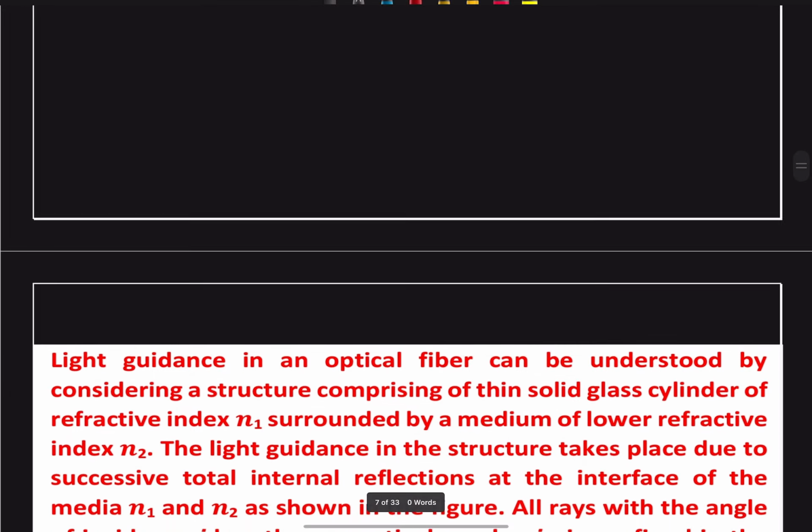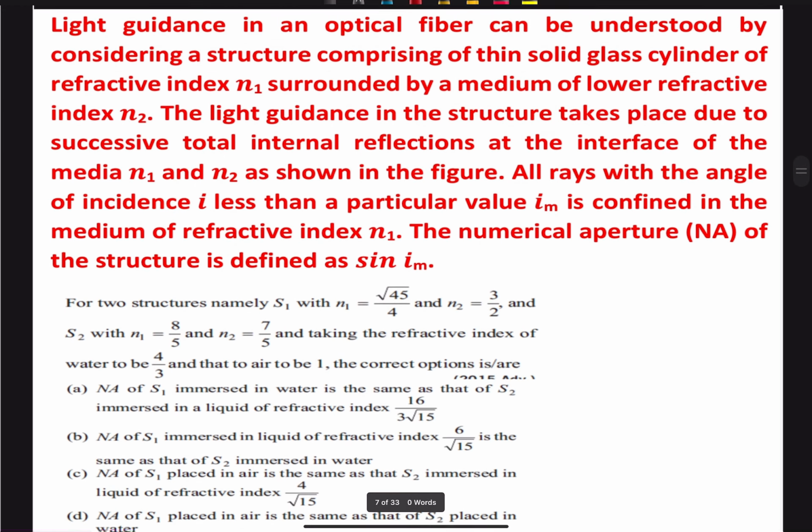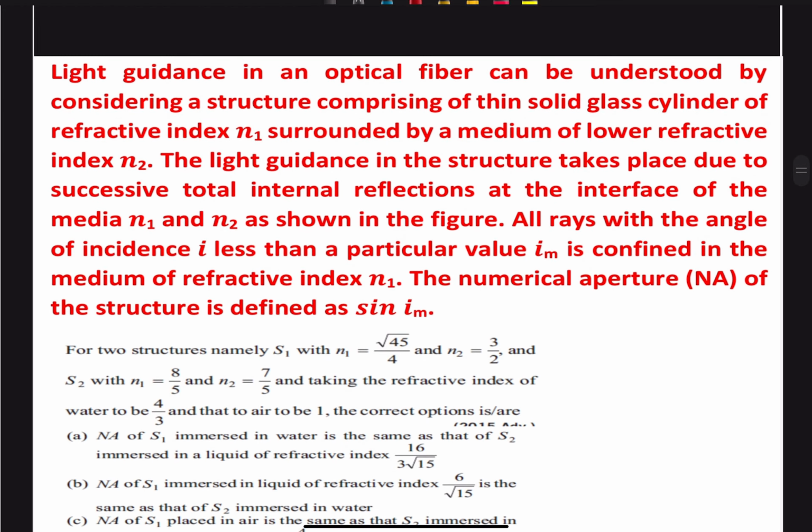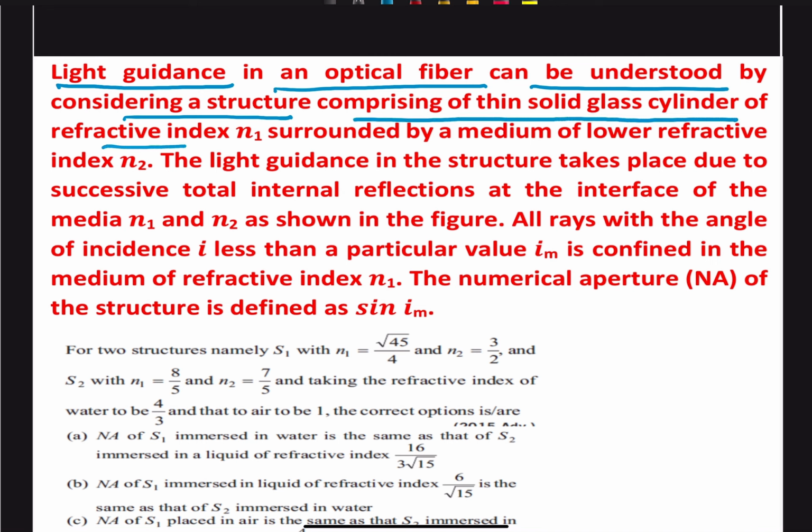Next question, and it is a passage based question which is having two sub questions to it. In the passage it is given that light guidance in an optical fiber can be understood by considering a structure comprising of a thin solid glass cylinder of refractive index N1 surrounded by a medium of lower refractive index N2.